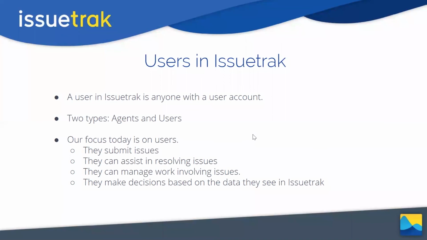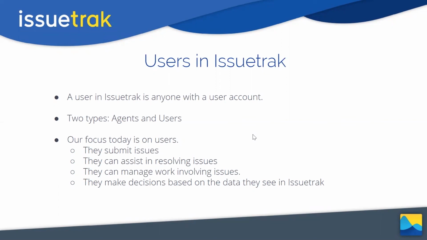Now, in some cases, they can also resolve or help resolve issues. There are some situations where our end users or our basic users have the ability to respond to tasks, for example. In our task functionality, we can assign something for someone to do. They don't have to be an agent user to receive that task.